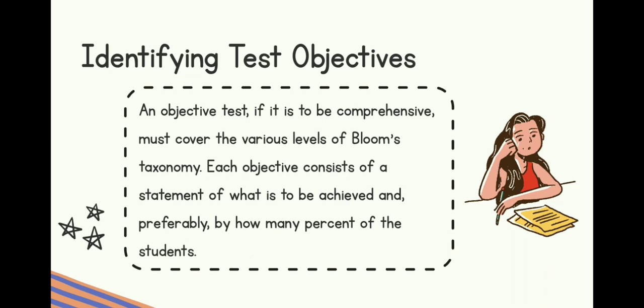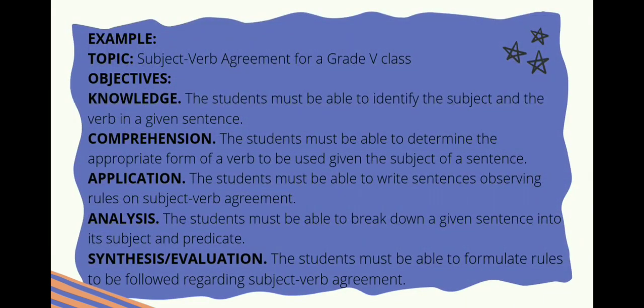An objective test, if it is to be comprehensive, must cover the various levels of Bloom's taxonomy. Each objective consists of a statement of what is to be achieved and preferably by how many percent of the students. For example, our topic was about subject-verb agreement for a grade 5 class. The following are typical objectives.